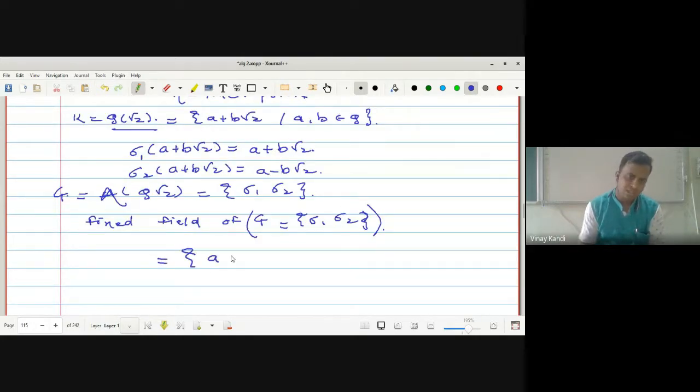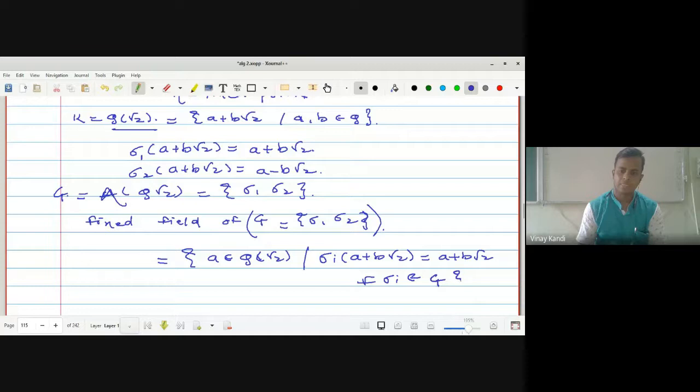This is the set: A belongs to Q root 2 such that sigma i of a plus b root 2 is equal to a plus b root 2, okay, for all sigma i belongs to G.